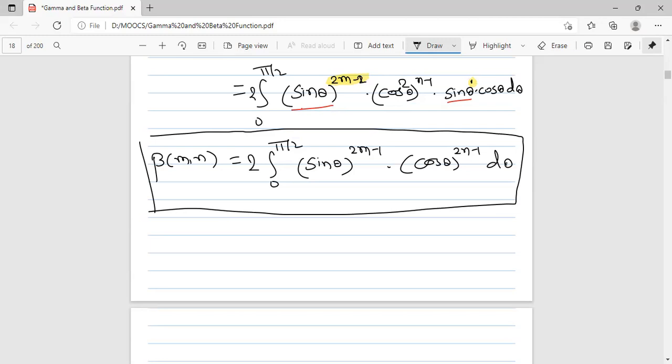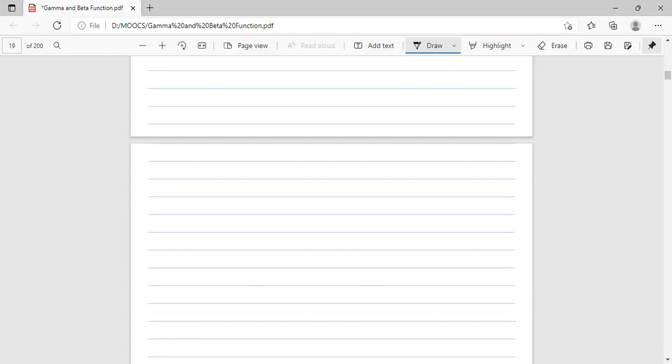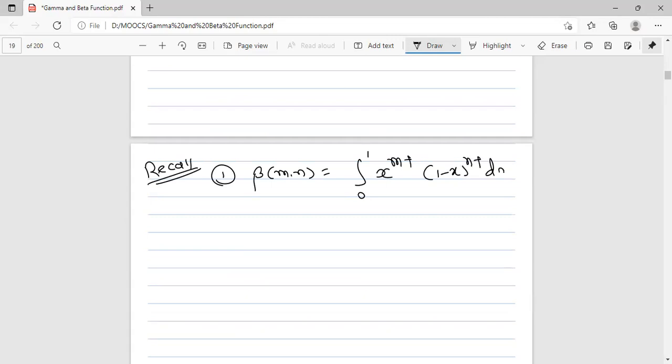Isn't it? I will now generalize this idea. First of all, again, we will recall beta mn is equal to integration 0 to 1 x raised to power m minus 1 into 1 minus x raised to power n minus 1 dx. Second result, we know that beta mn is equal to beta nm.